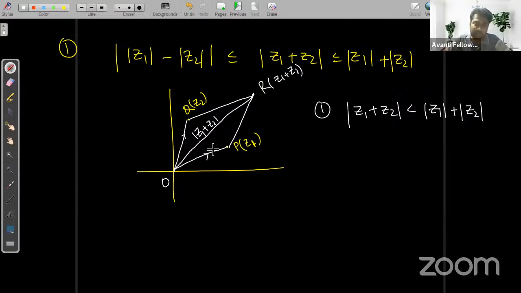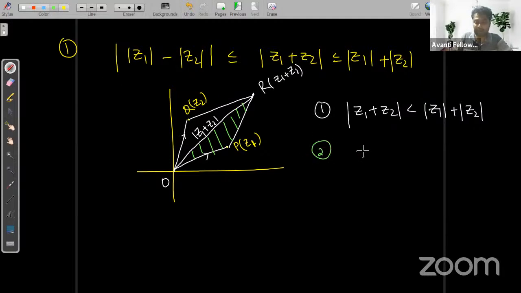If we take the triangle OPR, you can observe the sum of two sides is greater than the third side. So what is the third side here? OR. And what is the sum of two sides? OP plus PR is greater than OR. Second thing, what you are getting?